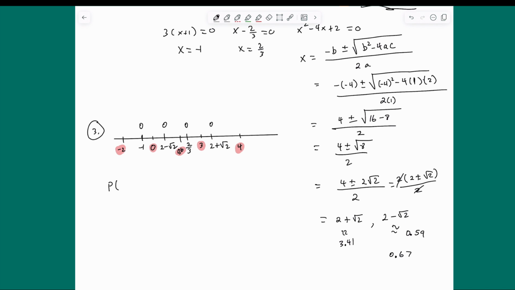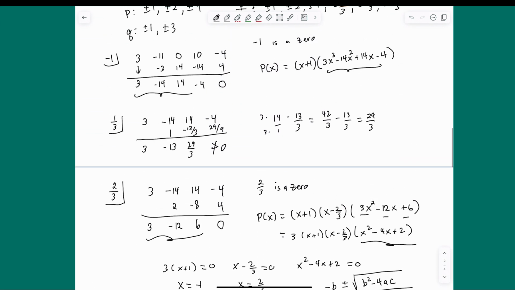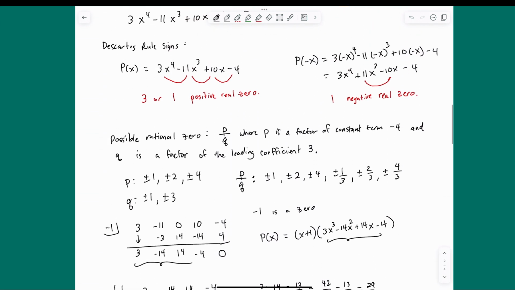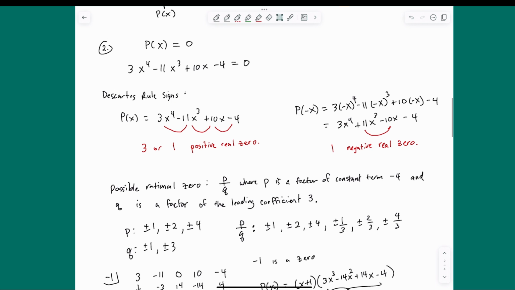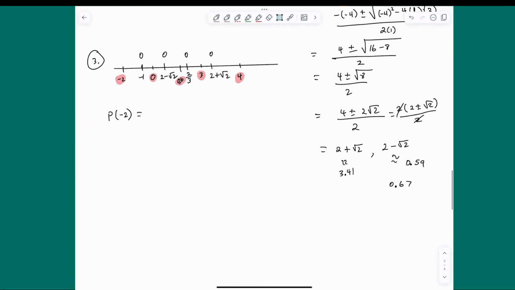So we have p of -2, which we plug into our original polynomial. Let me just copy that so I don't have to go back and forth. All right, that's our polynomial there. And so we have 3 times -2 to the 4th minus 11 times -2 cubed plus 10 times -2 minus 4.